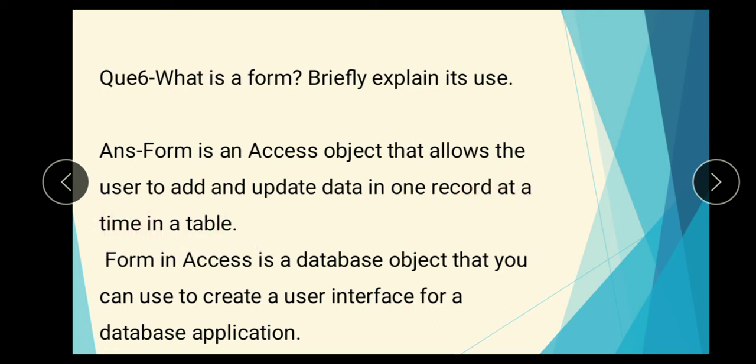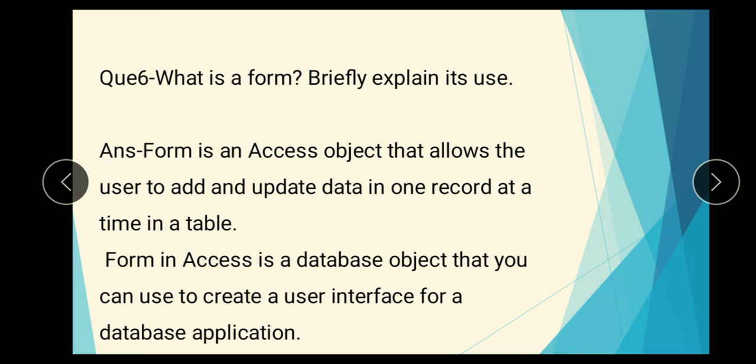Means you can add one record at one time. You cannot add 2 or 3 records at a time, because through the form you can only add one record at a time, and update one record at a time.